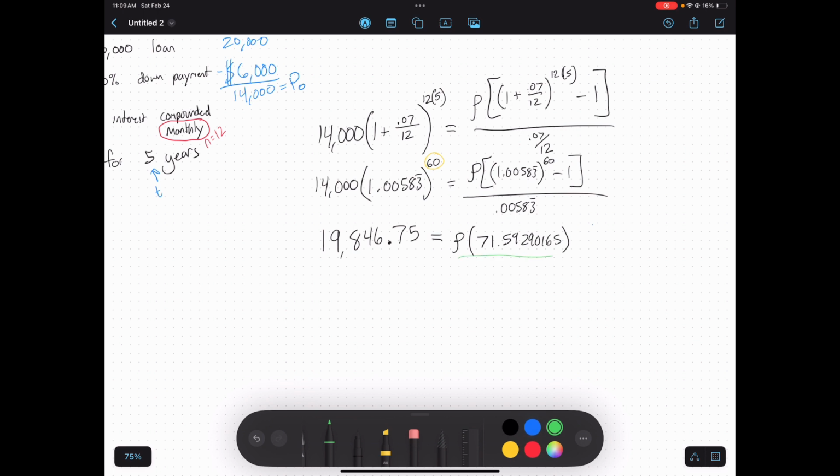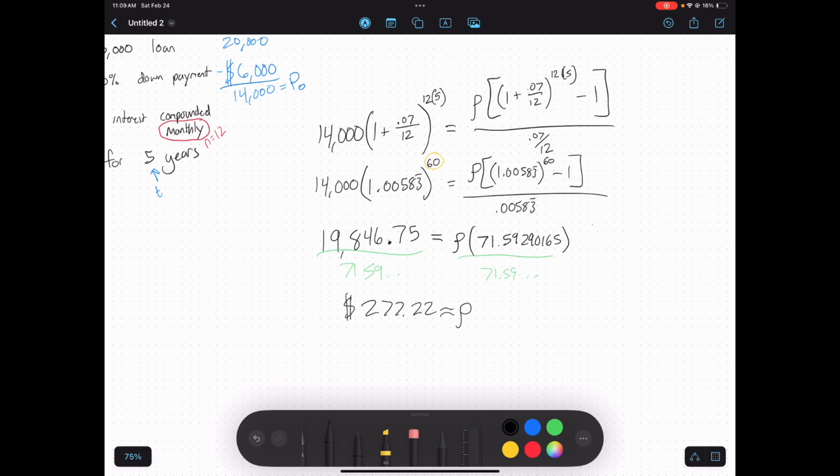Divide this side by 71.59... And I get P is equal to about, I do have to round this, but in order to make it into a meaningful amount, I get about $277.22.